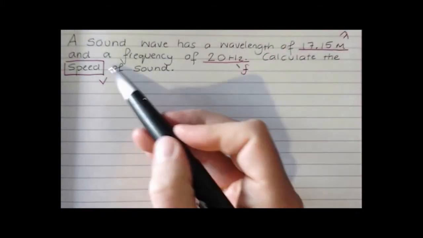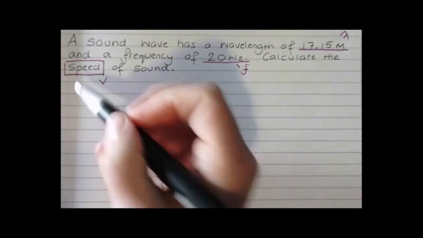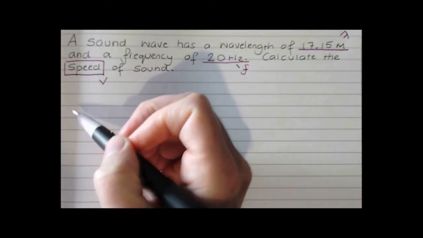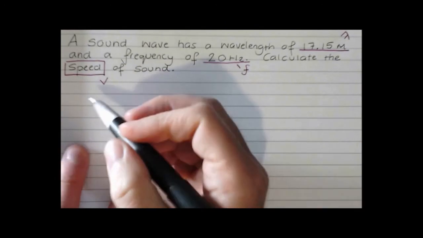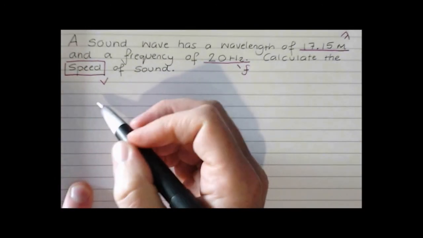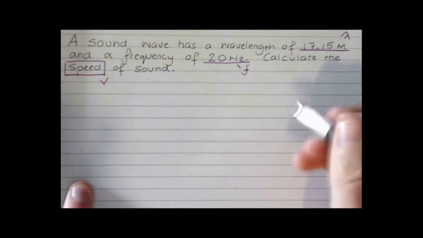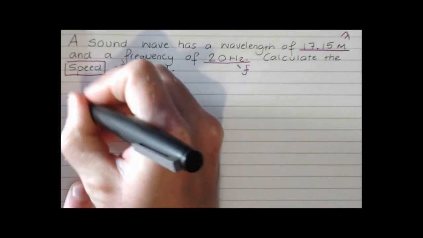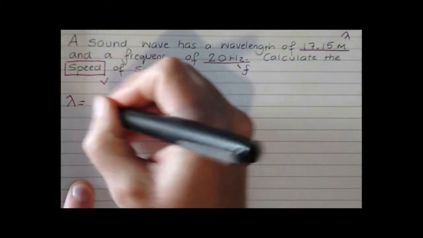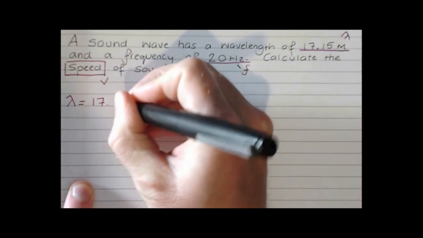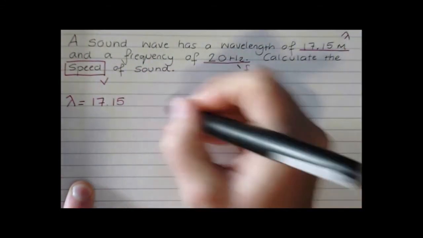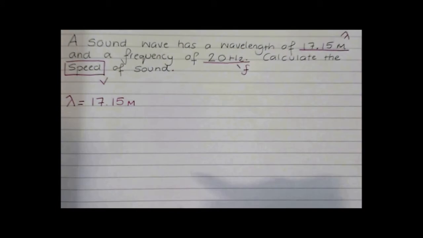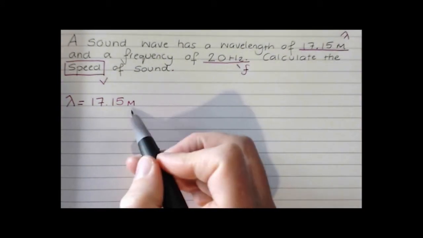So once we've extracted our data, we're going to list it down the side here because we want to make it really, really clear when we're doing our calculations where these numbers are coming from. So we've got wavelength here. The wavelength is 17.15, and we put the unit in meters because we need to check it's in the right unit.